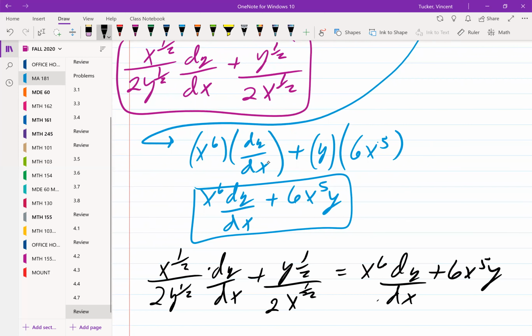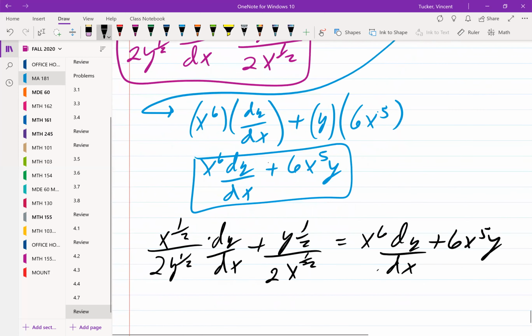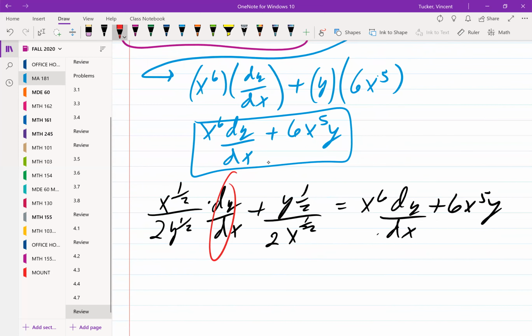This is what we have now. So we need to get both of our terms with dy dx to one side of our equation. Doesn't matter which side. And then the other terms without dy dx to the other side.